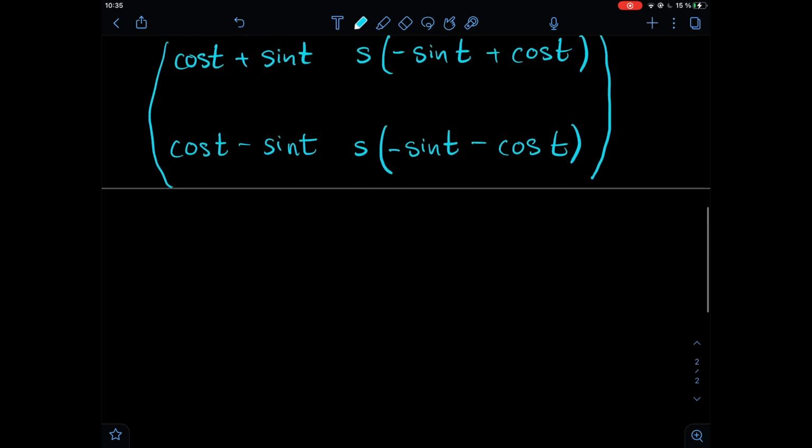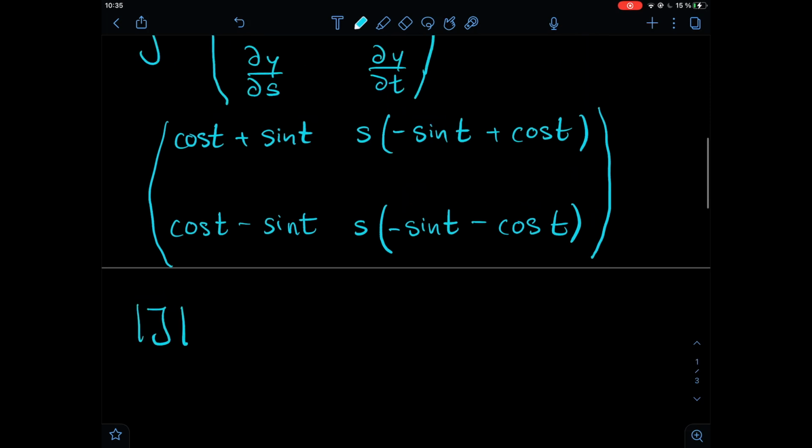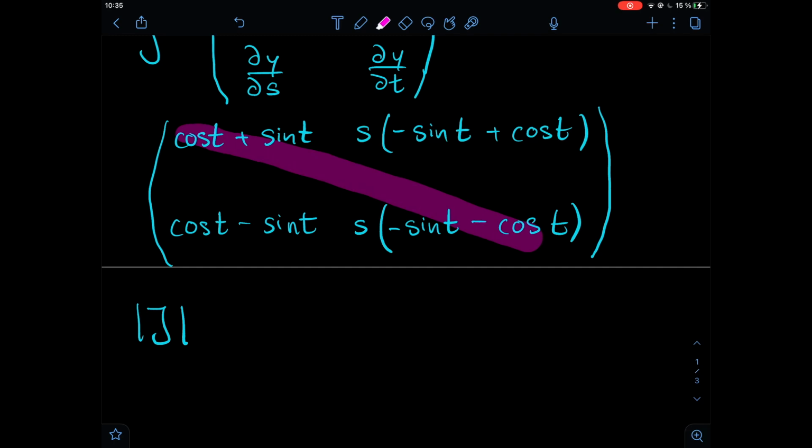Now we have to calculate the determinant of this matrix. That's kind of easy because we just multiply the diagonal elements with each other and then subtract.